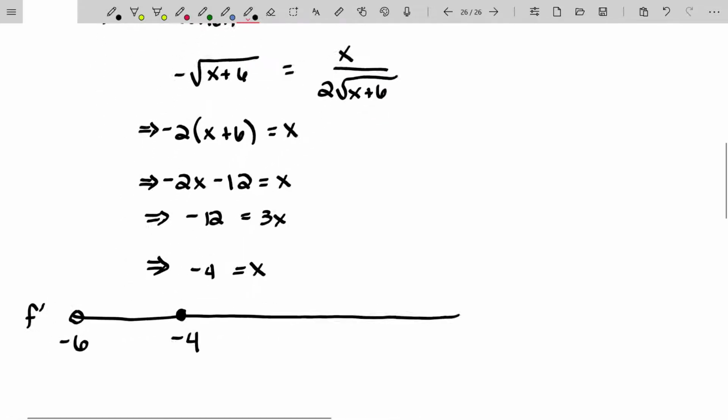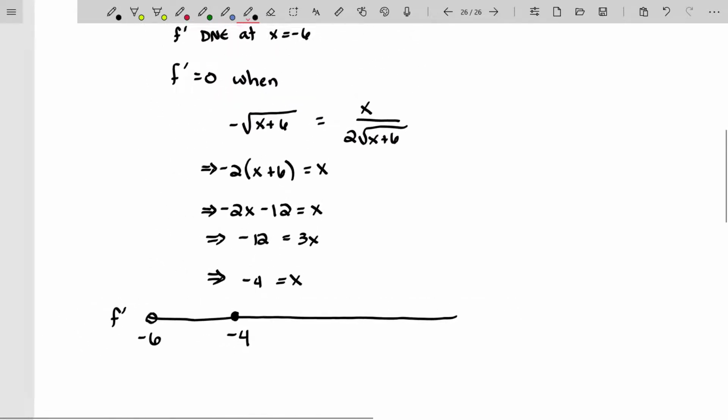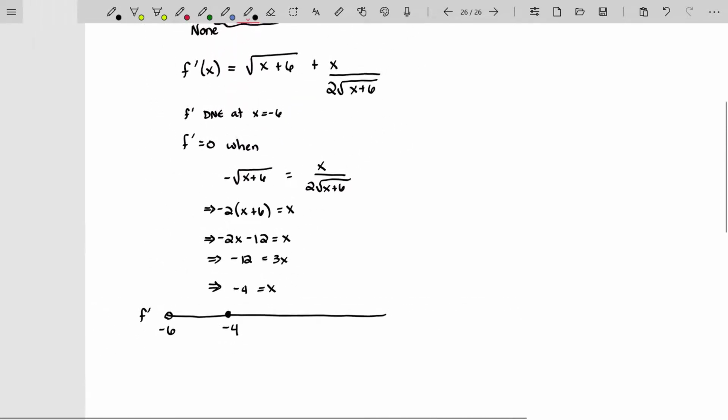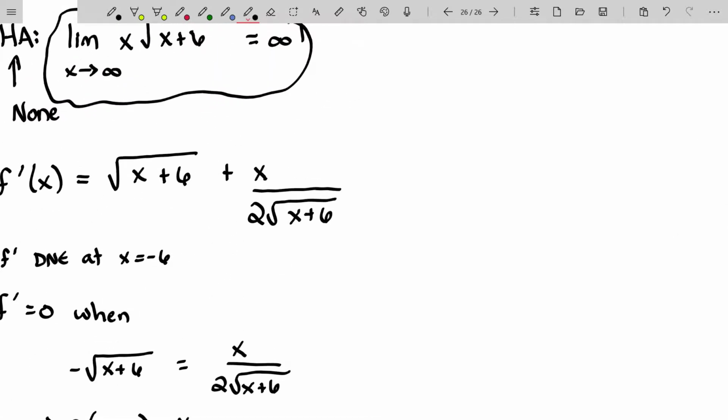And now you plug in a value between -6 and -4 into the derivative. Let's see what the derivative is. It's right up there. I suppose it would have been nice maybe to combine these into a single fraction. So let's go ahead and do that. I'm going to multiply top and bottom of this by 2 times the square root of x plus 6.